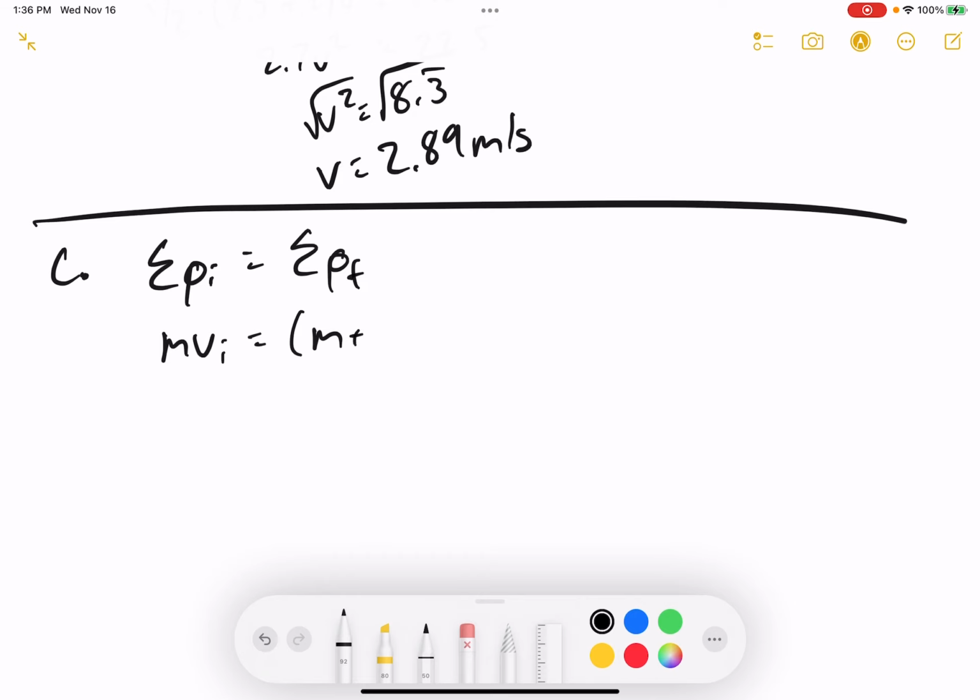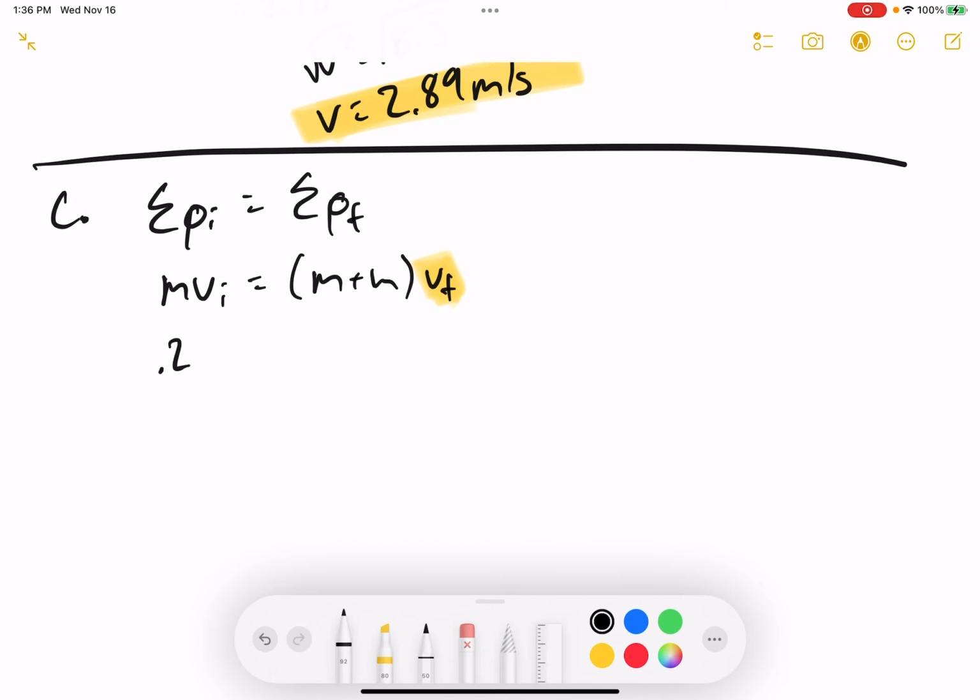So we have m plus m, vf. We know this vf is the same as that, and we also know everything else. So we have 0.2 vi is equal to 2.5 plus 0.2, times 2.89.